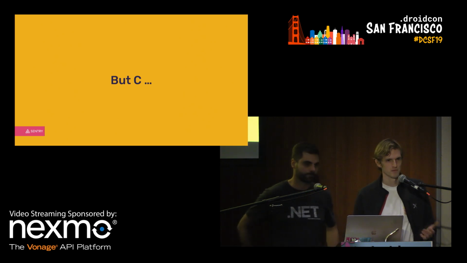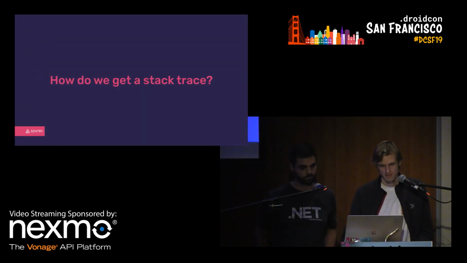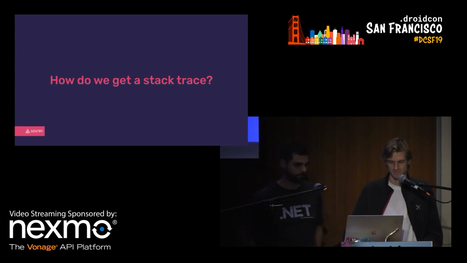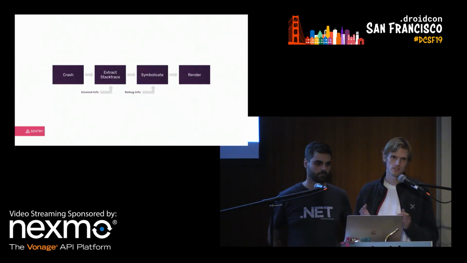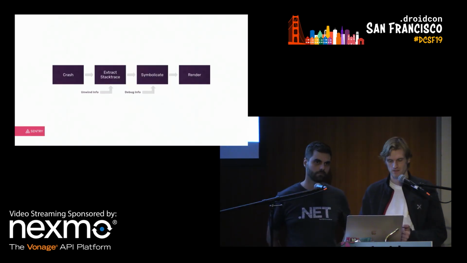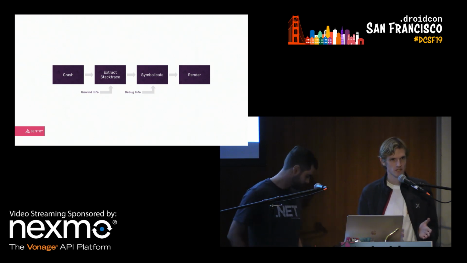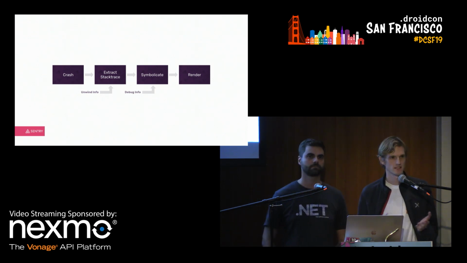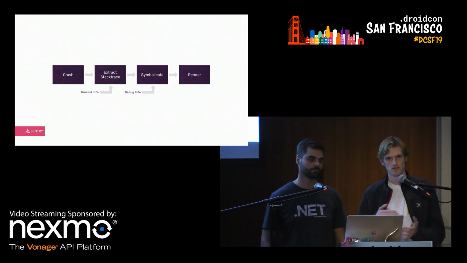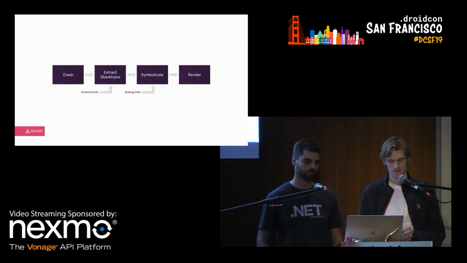So how do we get readable stack traces in C? It's much trickier. And the reason for that is that we need to do what's called stack unwinding. So this is to explain a little bit the workflow that you would expect. The application crashes, right? And so the first thing you want to do is get a stack trace. We're going to go into different ways in which you can do this on NDK.